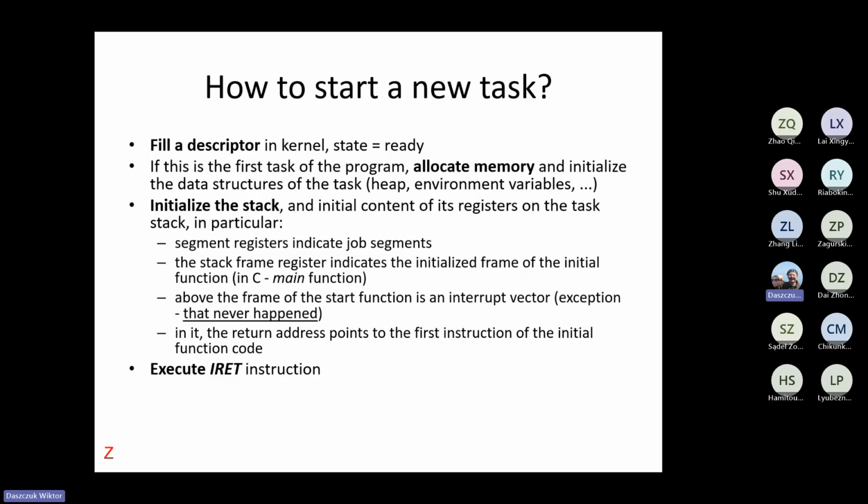It can be the first task in a program, or tasks can clone. It's typical, like in Windows, that we can start many threads in a single program. So we allocate memory for the task. If it is the first task, it is run together with the program.